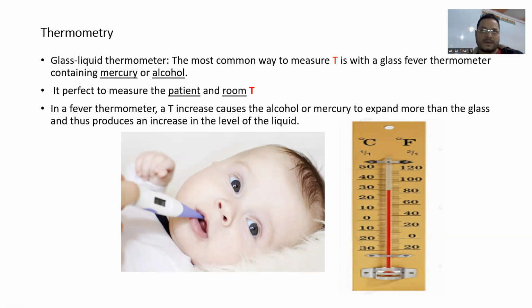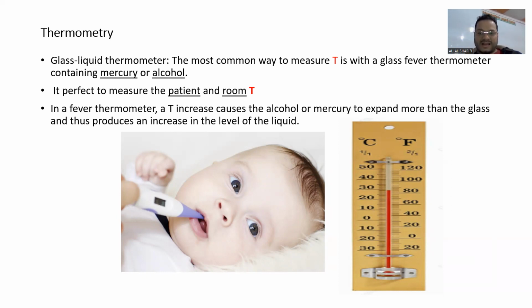It has good sensitivity with a small range of temperature change. In a fever thermometer, when temperature increases, the alcohol or mercury expands more than the glass. That means mercury or alcohol is more sensitive to temperature than the glass, the cover of this thermometer.